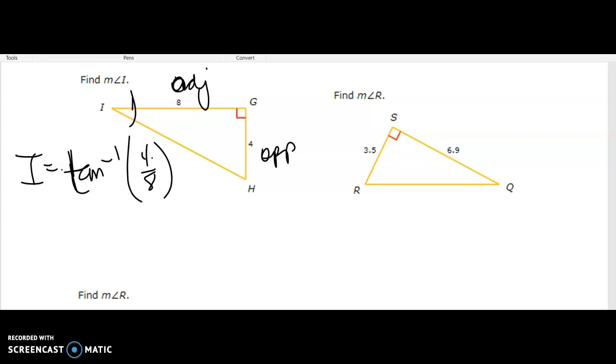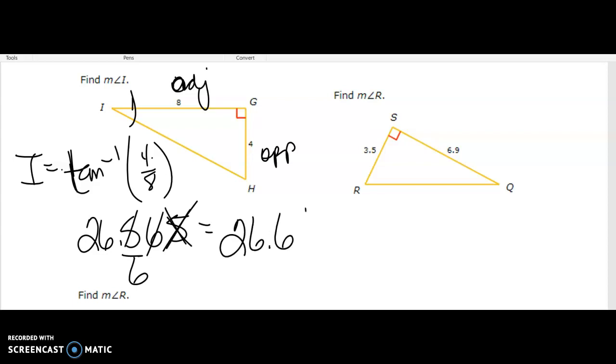I even put inverse tangent of 0.5 in my calculator, because 4 over 8 is 1/2. So I got 26.565. Round to the nearest tenth. The 6 is going to change the 5 to a 6. We really didn't need that 5, I just put it there to confuse you. So 26.6.